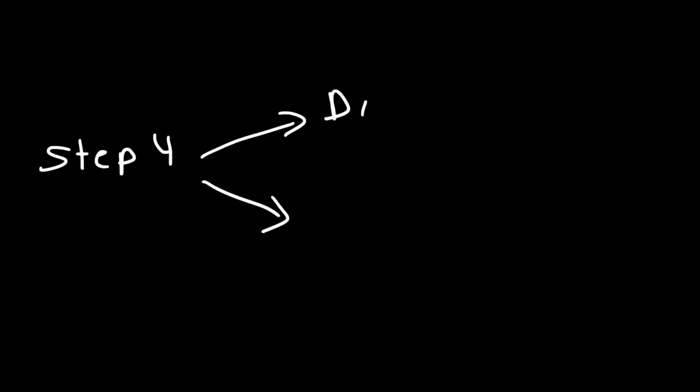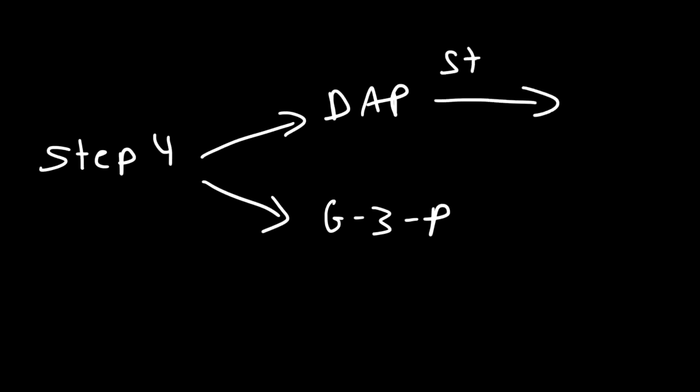So in step 4, we produced 2 different molecules, dihydroxyacetone phosphate and G3P. Now in step 5, this molecule, dihydroxyacetone phosphate, gets converted to G3P.